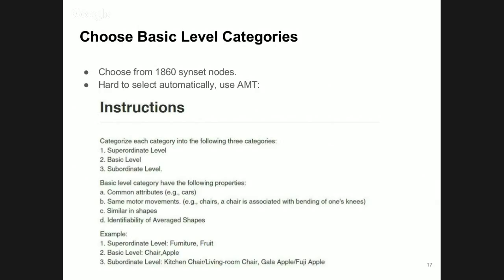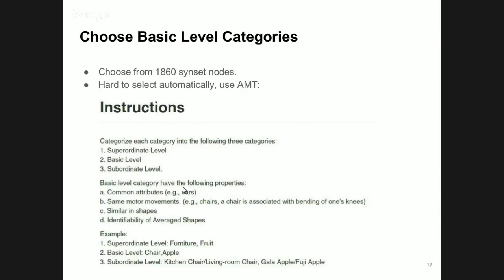When you average the basic level objects together, you can still recognize them as a category. Another principle was that they share functions as well. I think those are the 4 attributes that are in the paper.